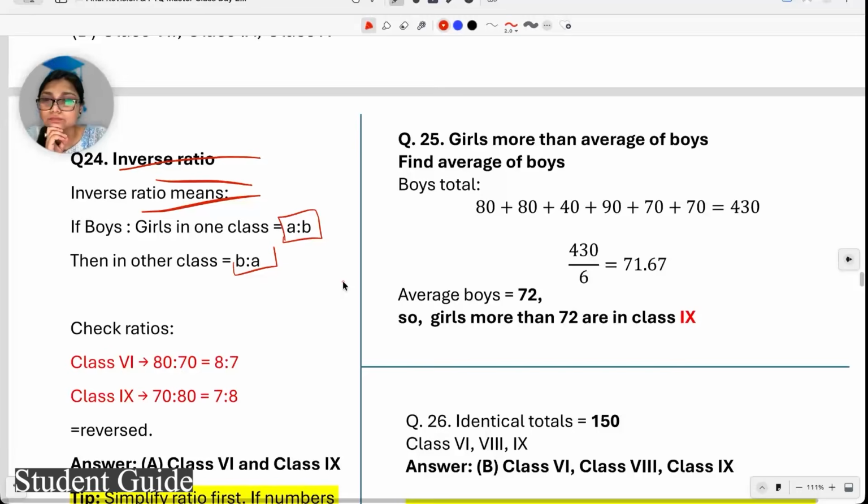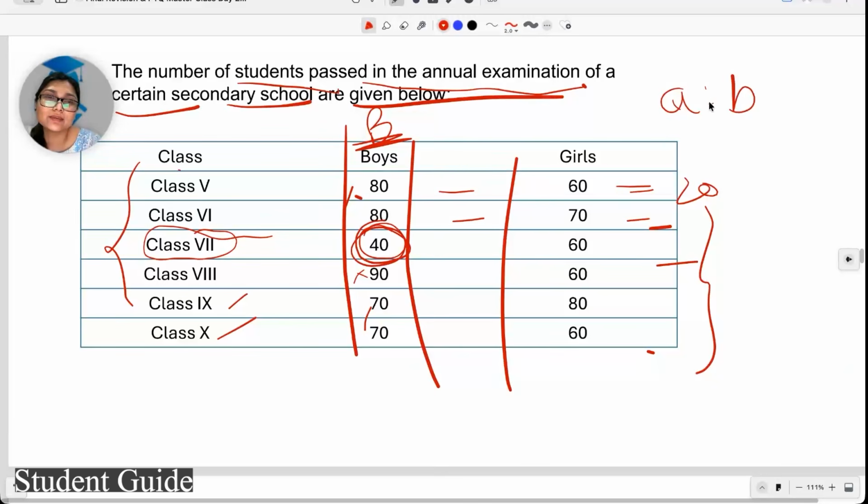You need to find A is to B and B is to A. So here you can see 80 is to, for example, 70. Same way, this is 70 is to 80. Like A is to B, B is to A. The rest is not matching. 80, 60: here you can never find 60 and 80. So you need to find the correct pair for it.